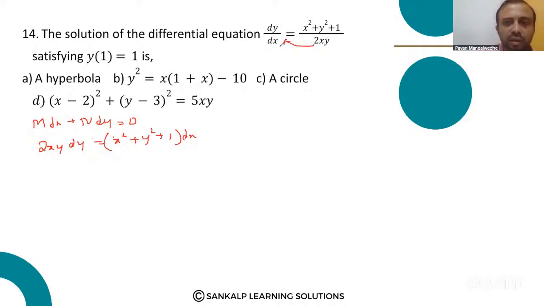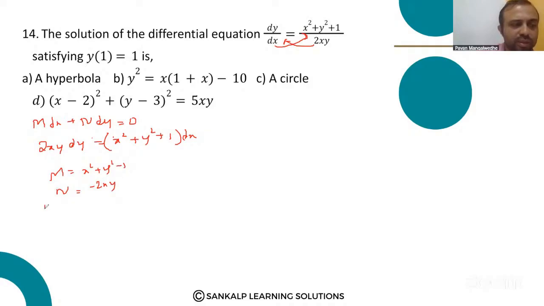And x dx is transposed to the other side. It will become x square plus y square into dx. So now M is what? M is equal to x square plus y square minus 1 and N is minus 2xy.